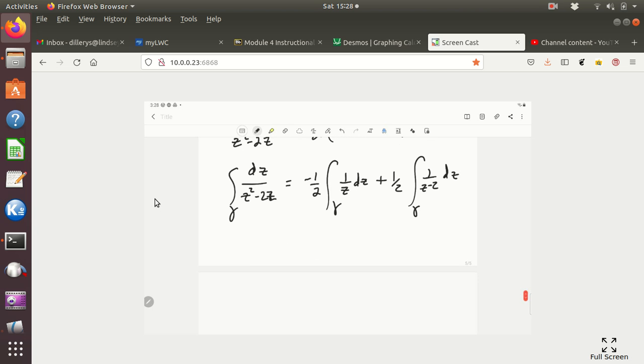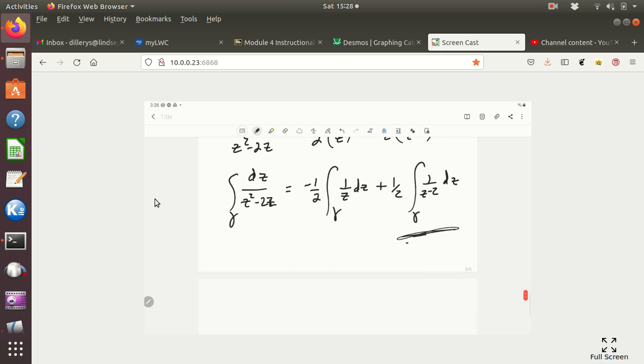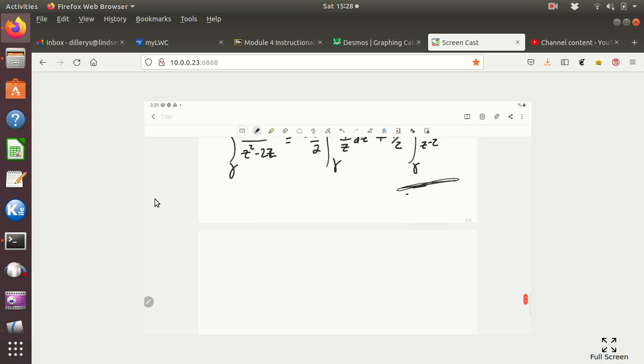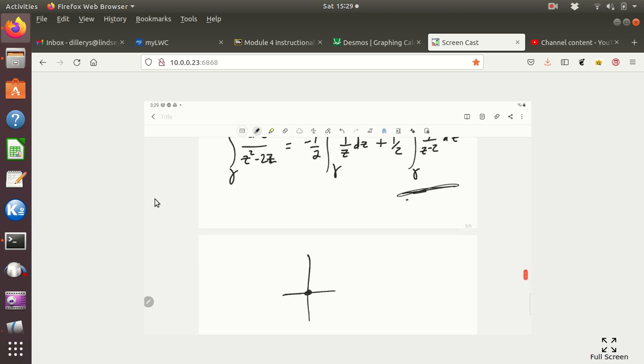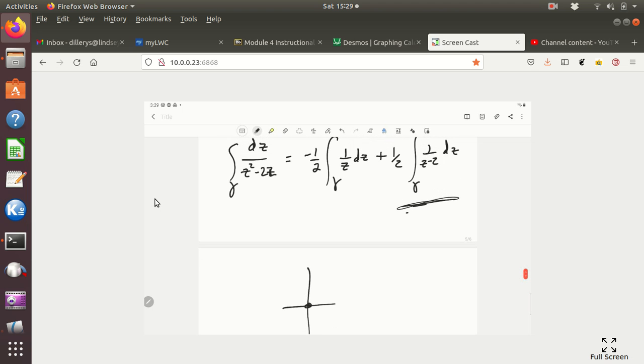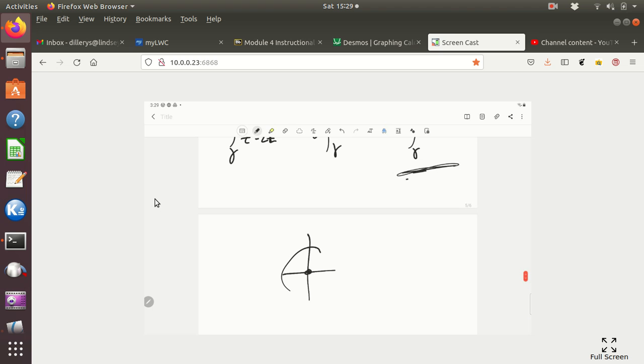Now notice this one here, we're going around 0. So in that region, here's 0, but this is 1 over z minus 2. In this region, 1 over z minus 2 is holomorphic in that whole region.